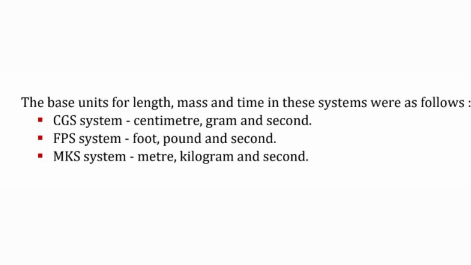F means foot, then P pound and S is second. So foot, pound, second system. That is FPS system. Next one is MKS system. So that is also set up by France, and MKS means meter, kilogram and second system. Clear? So these are the three systems of units, that is CGS, FPS and MKS.